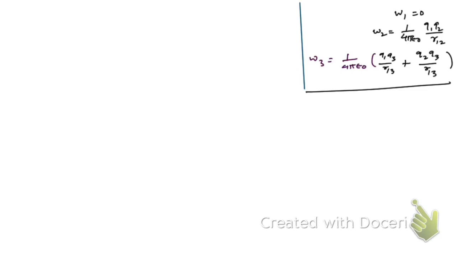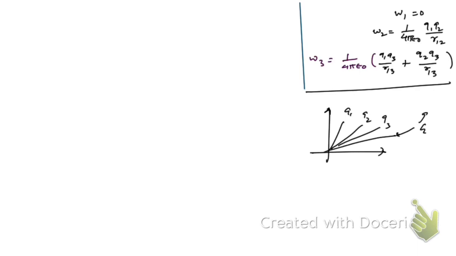Now if we want to bring the fourth charge, we have already brought three charges, q1, q2 and q3, to their positions r1, r2 and r3. Now we are to bring q4 to this position r4. Then what is going to be the work done?